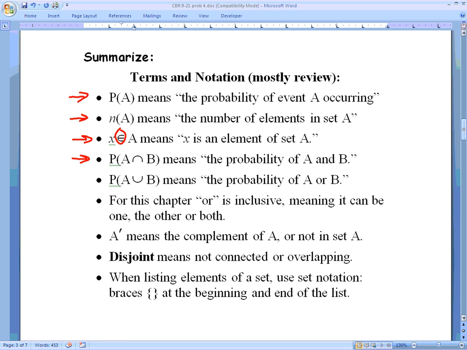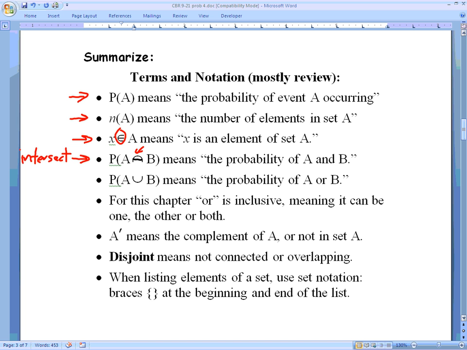Here, again, we have the P, which means probability of, and then we have this symbol, which looks like an upside down capital U. It's the intersect symbol. It means and. I often think of this as, if I can turn it into an A, it means and.